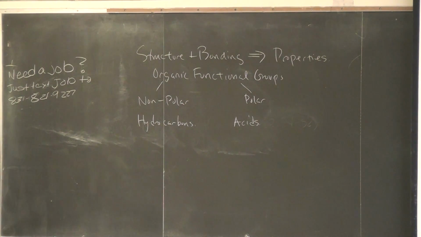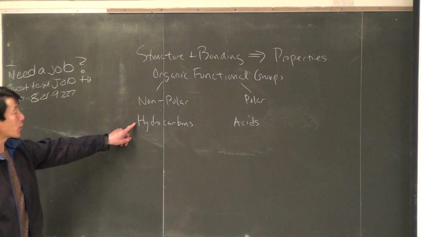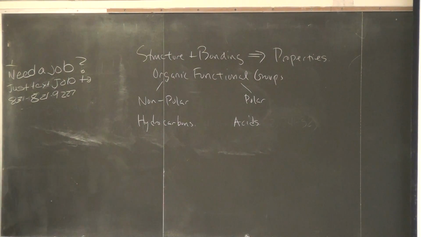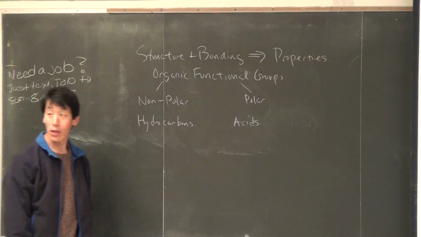If you have a hydrocarbon which is insoluble in water, you can make it soluble in water by adding polar functional groups to it. That's why big biomolecules such as proteins are soluble in water, because they contain these polar functional groups.